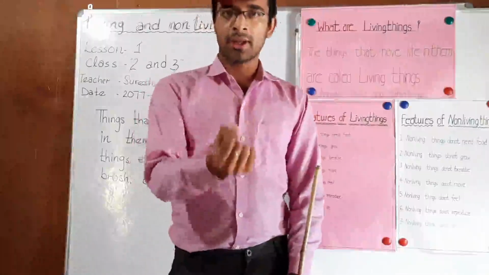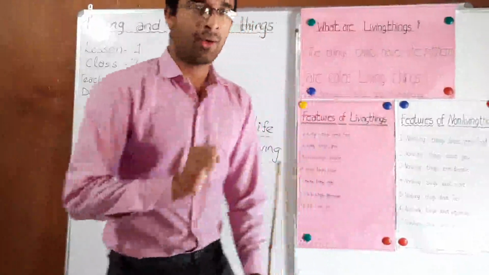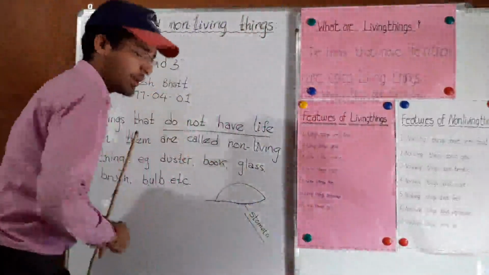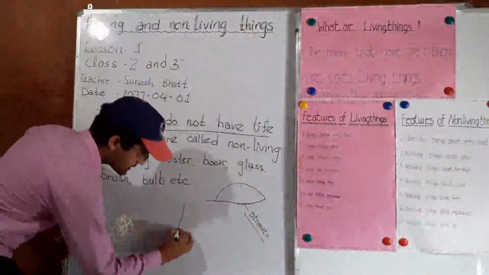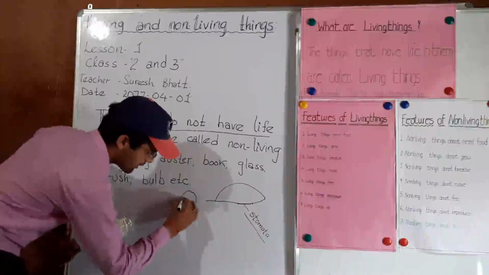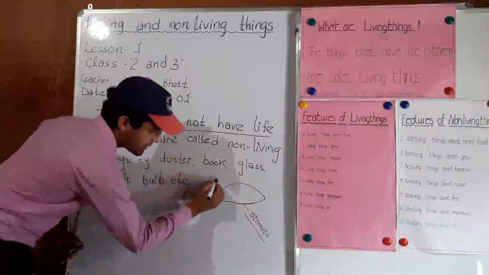Some flowers, like a sunflower. Here is a figure. This is a sunflower and this is the sun.